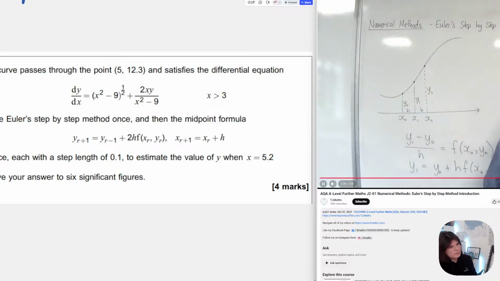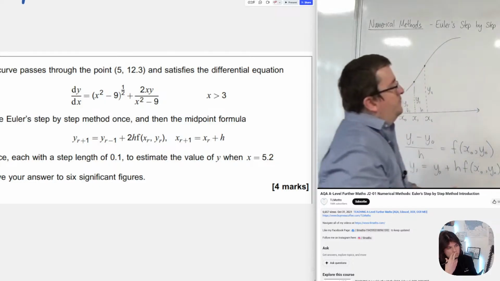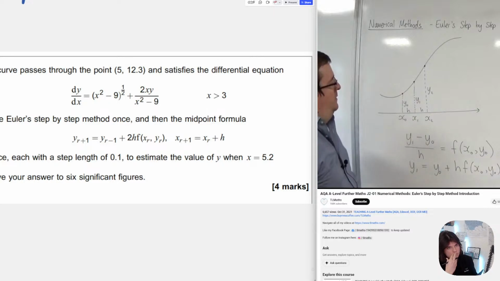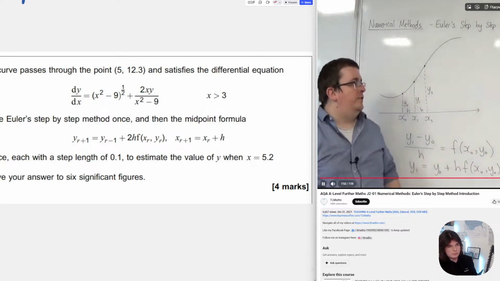It is yn plus h times f of xn, where xn plus 1, the next x term, is xn plus h. Okay? So this is Euler's step-by-step method, and I'm going to show you an example of using it in the next video.